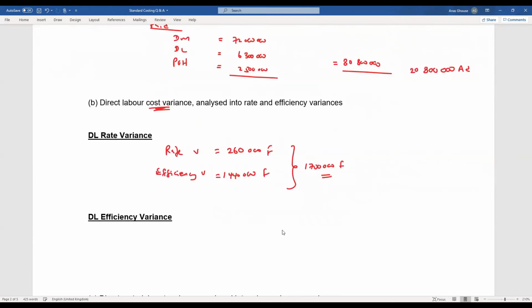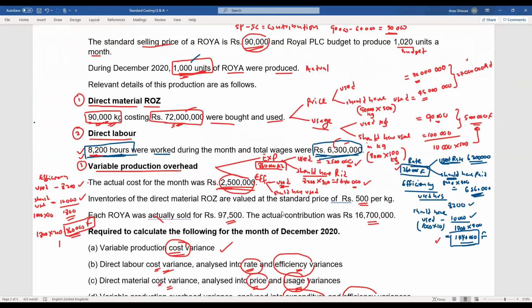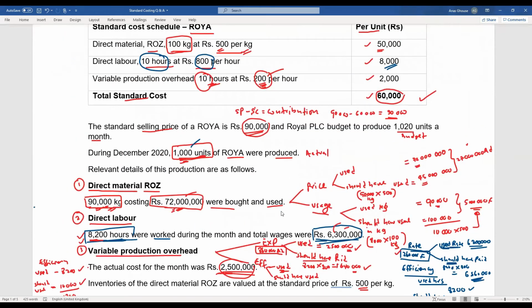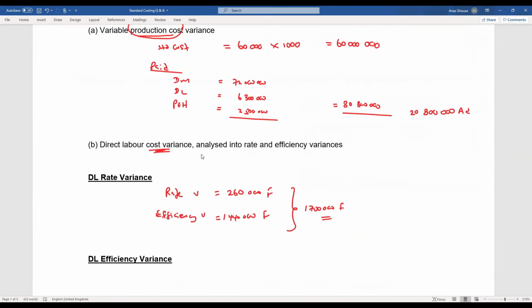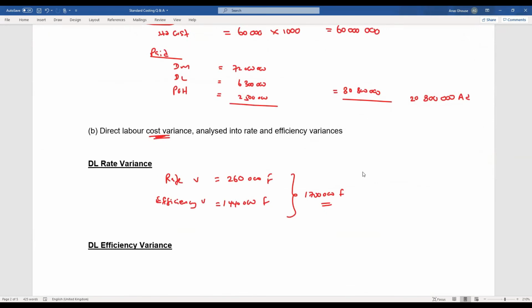So how can you compare that? Basically, we have paid 6.3 million, that is the actual payment, whereas to produce 1,000 units you should have paid the standard cost of 8,000 per unit, which is 8 million.